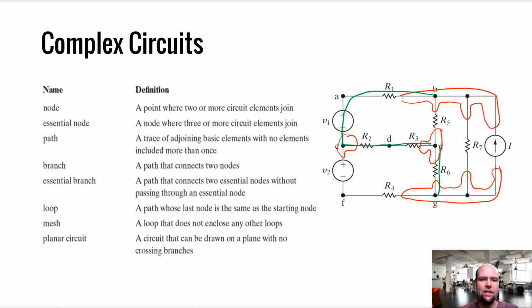These are paths that connect two essential nodes without passing through an essential node. This would not be an essential branch, because even though it connects two essential nodes, it passed through another essential node along the way.